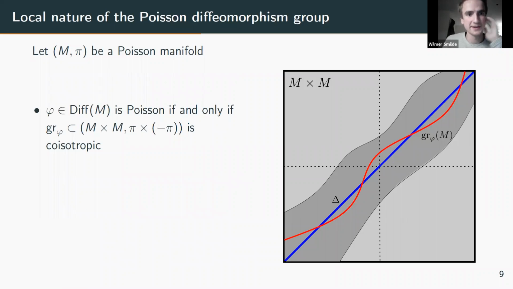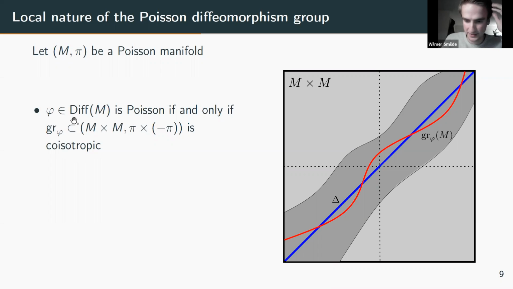Now let's finally go to Poisson manifolds. The story starts in a similar way. If you start with the graphs of Poisson diffeomorphisms, we can again characterize in a very geometric way that the graph of a diffeomorphism is coisotropic if and only if the underlying diffeomorphism is Poisson.